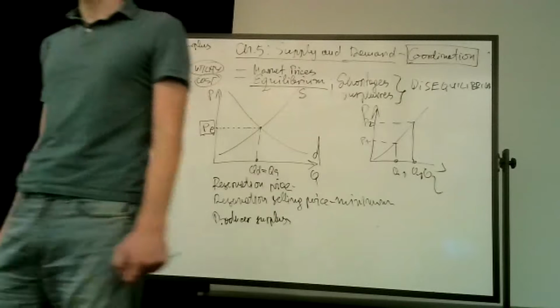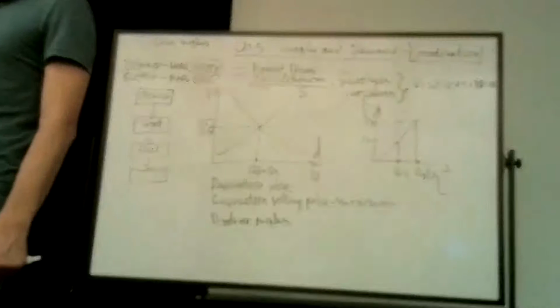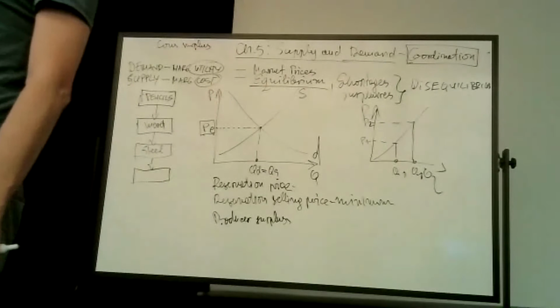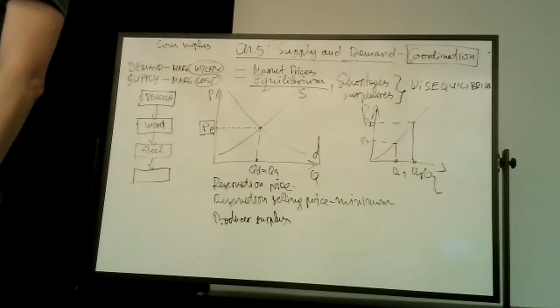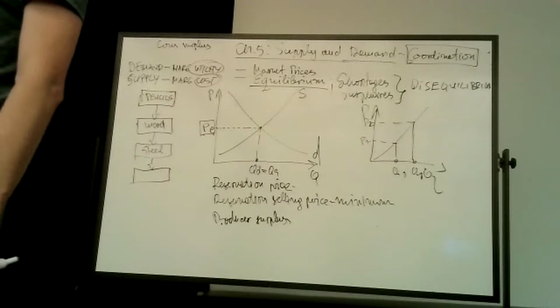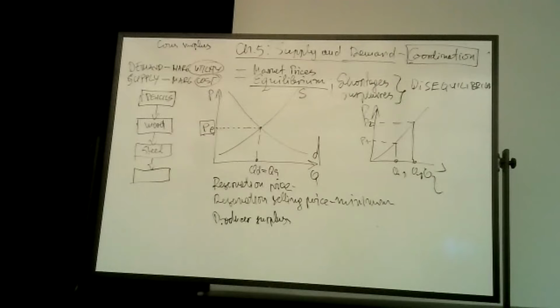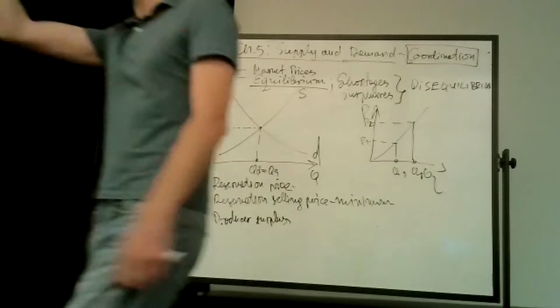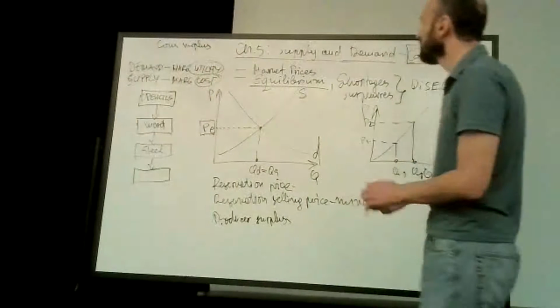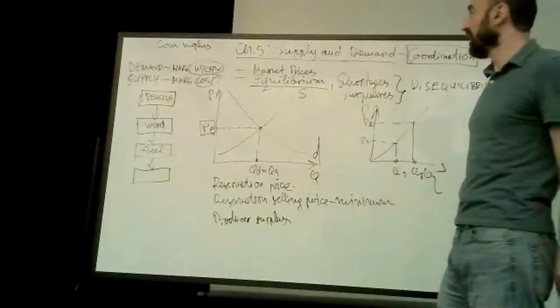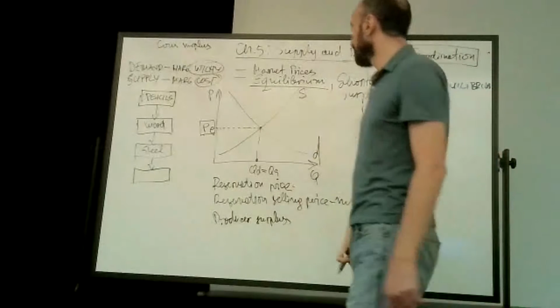Consumer surplus is the difference between the maximum buying price that the customer is ready to pay and the actual equilibrium price that the customer pays, whereas the producer surplus is the difference between the minimum selling price at which a producer can afford to sell a given unit and the actual market price that the market can bear.